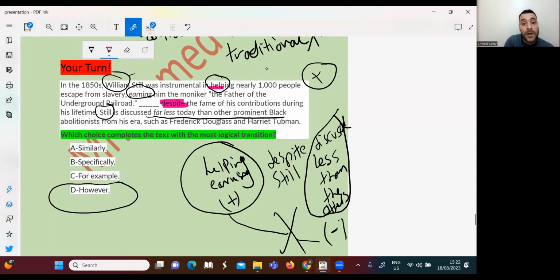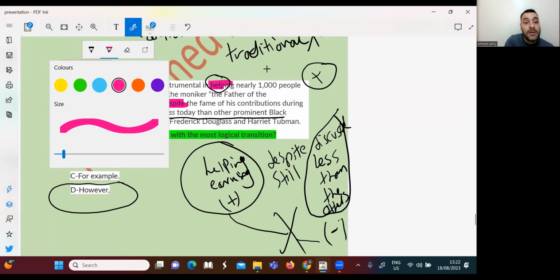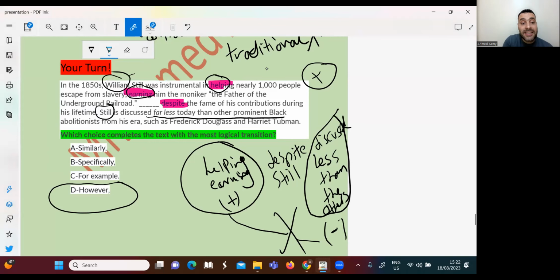He was helping nearly 1,000 people and earned the moniker. And where is the negative? Then we started with despite and still, which are opposites. So it is contrast. Also, far less today than any other. They discuss and talk about the others more than this person, despite his fame. So that's a contrast relationship. Thank you.